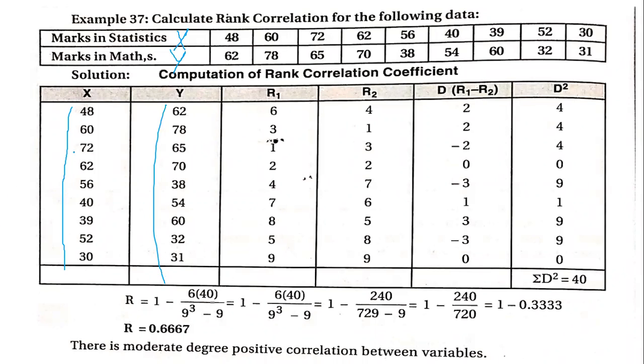In the data of X, which is the highest value that you can see? 72. So 72 is the first rank.